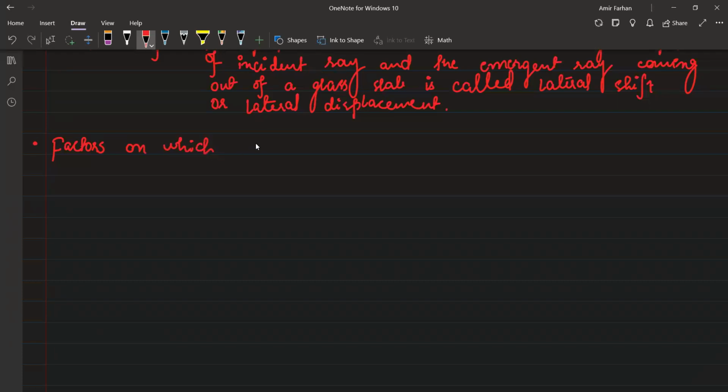The last thing about lateral shift is the factors on which it depends. This could be a 3-marker question in your school exam: write down the factors on which lateral displacement or lateral shift depends. Clear? You have to write 3 to 4 factors. These are very simple factors.